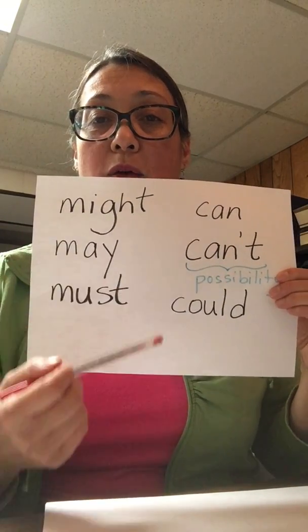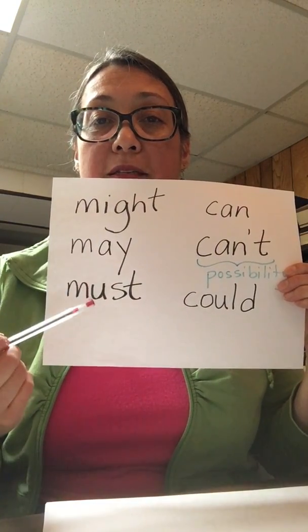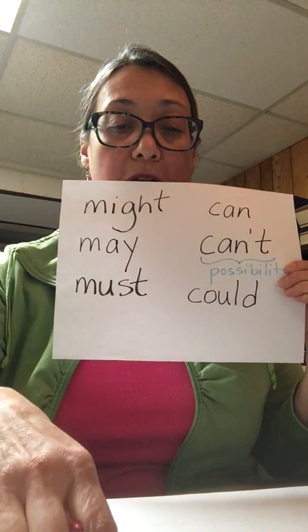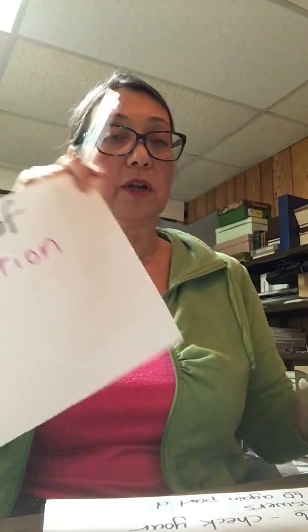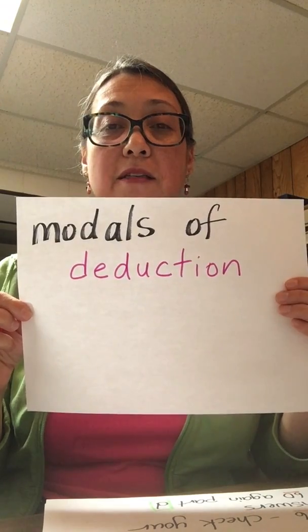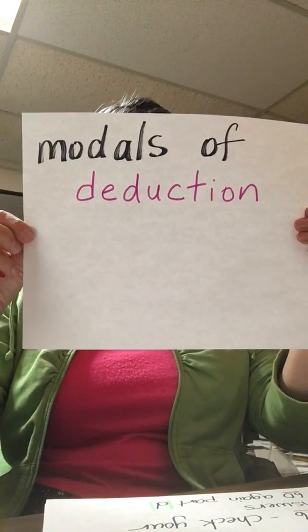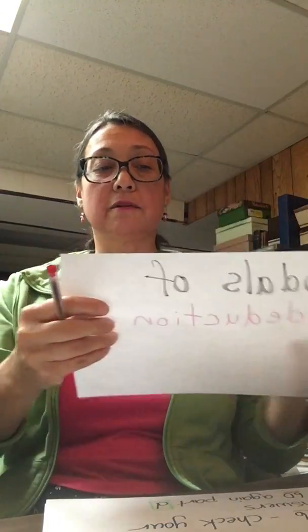Could, must, may, might, yes. We can call these also modals of deduction. So some can be used for advice and some can be used for deduction. Right. What is deduction?